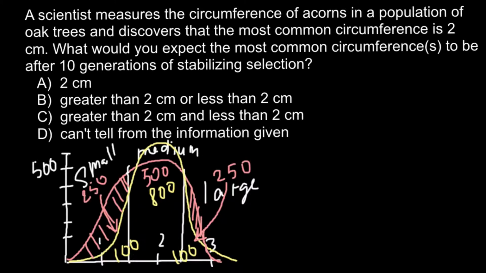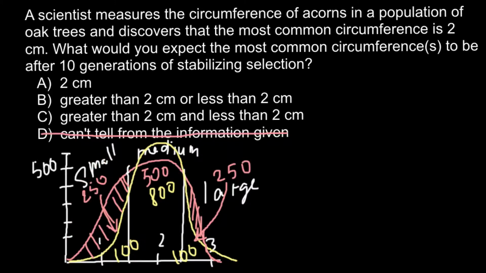Answer D, can't tell from the information given. This is not a correct answer. We can tell from the information given. Answer C, greater than 2 centimeters and less than 2 centimeters. In this scenario, we would have two waves. One wave would be here.